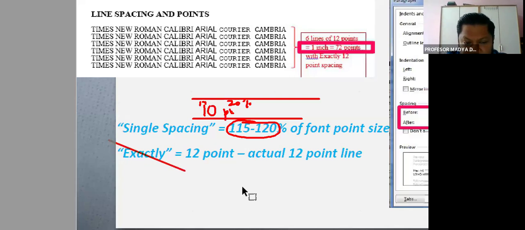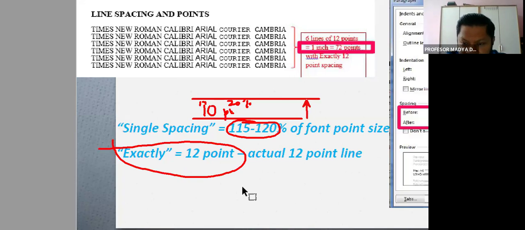But if you set it to exactly, say exactly 12 point, then you will measure from that point to that point exactly 12 point.